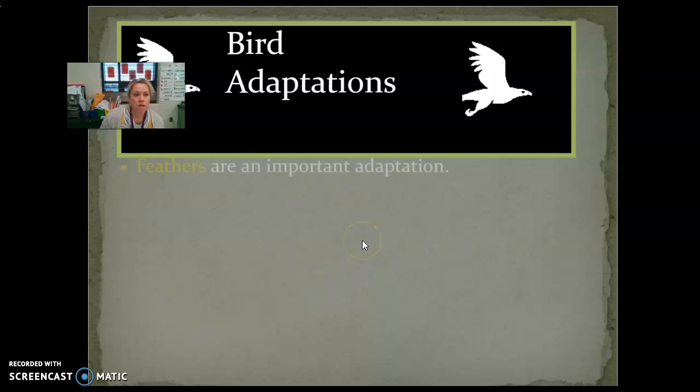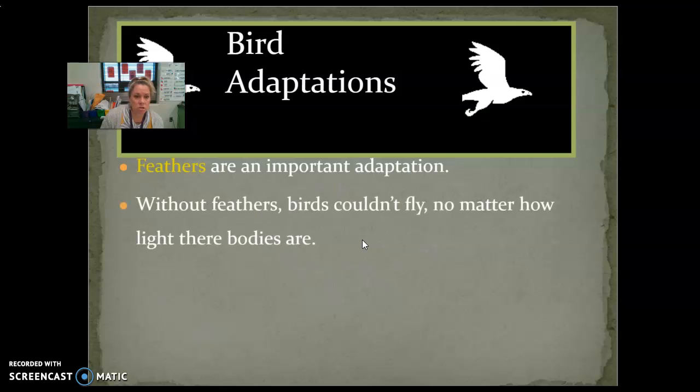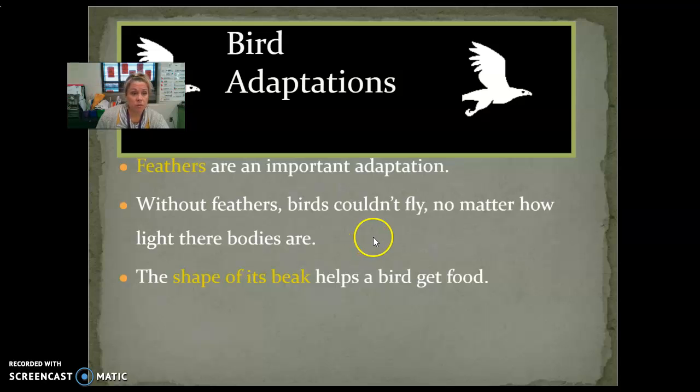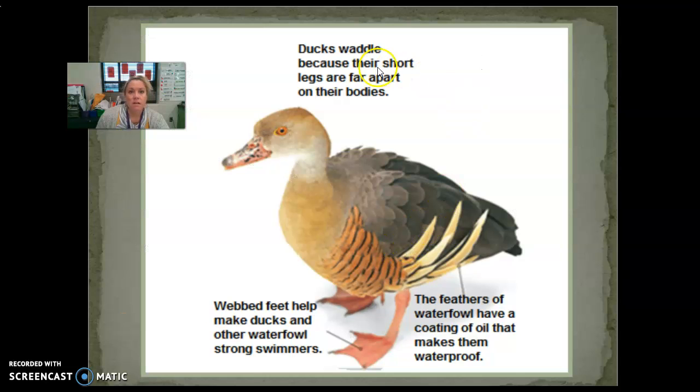Here are some bird adaptations. Feathers can be an important adaptation because without the feathers, birds couldn't fly, no matter how light their bodies are. The shape of its beak can also help it get food. And in a little bit, we'll look at some of the beak examples.